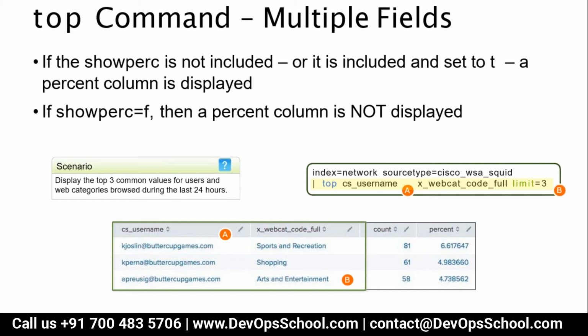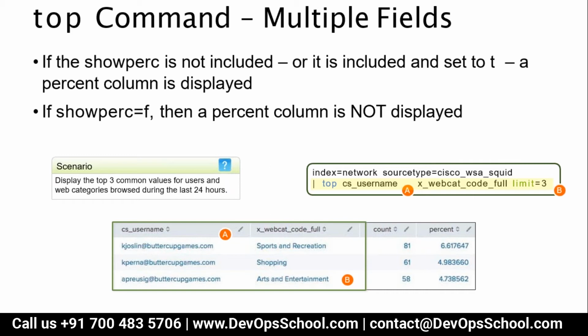So here the scenario is to display the top 3 column values of users and web category. Here is a multiple field, and web categories browsed during the last 24 hours. So now if you see here, first thing I want to know is the top 3 common values for the user.